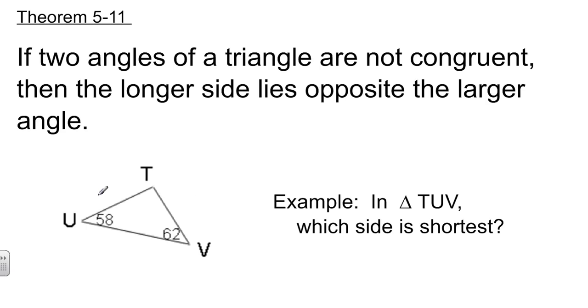Okay, so if we look at triangle TUV, then angle U at 58 degrees is smaller than angle V at 62.